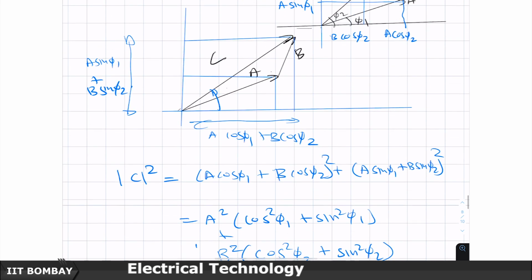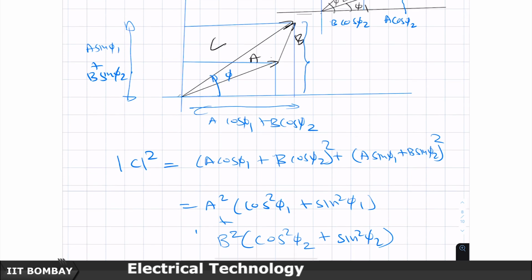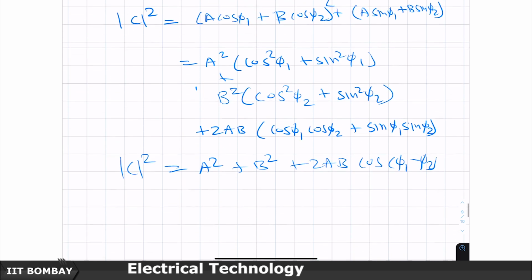And if this angle is some angle phi, then tan of phi will be the ratio of this y component to this x component.